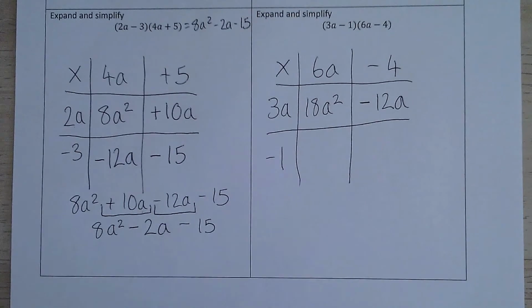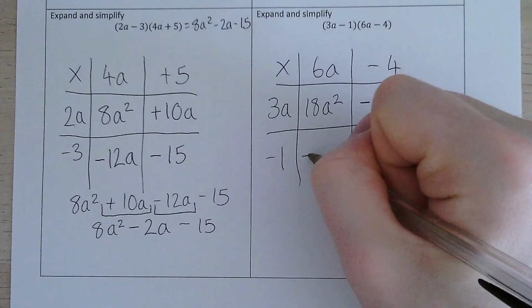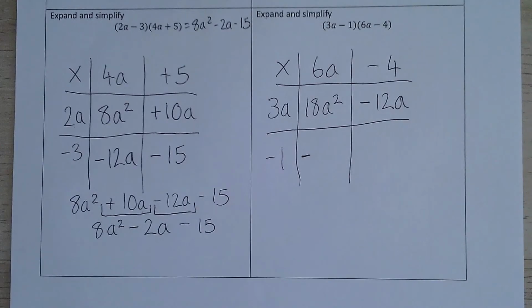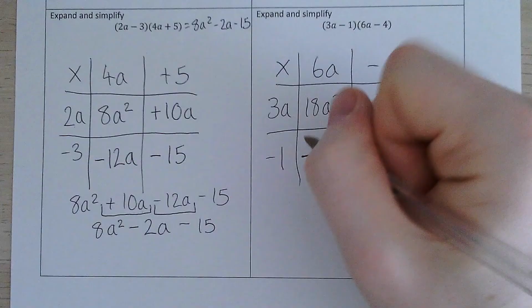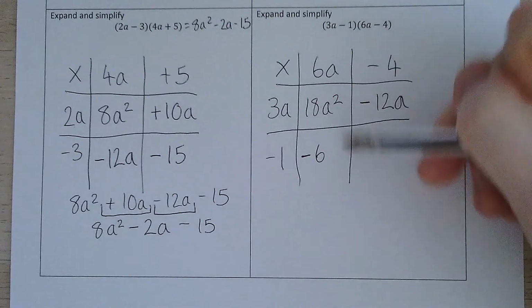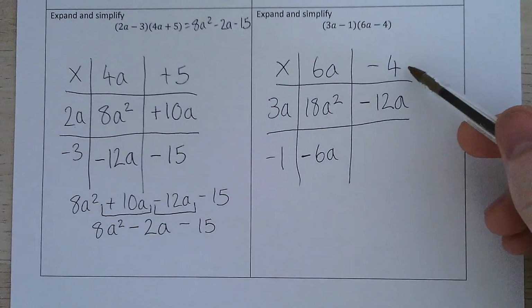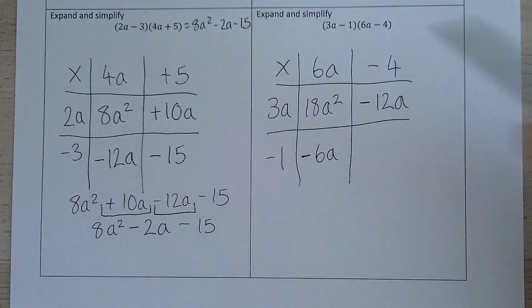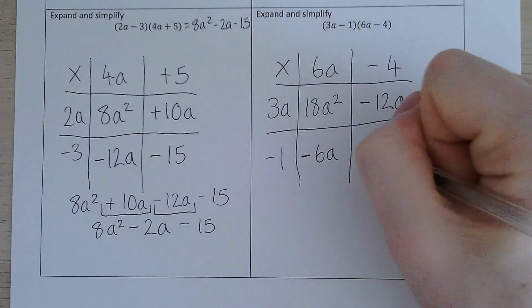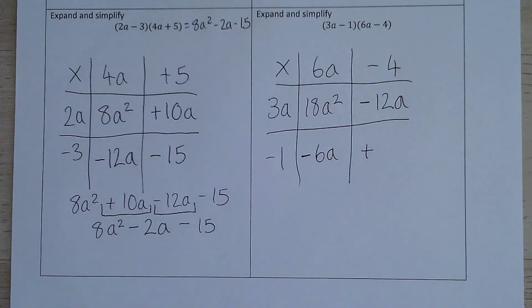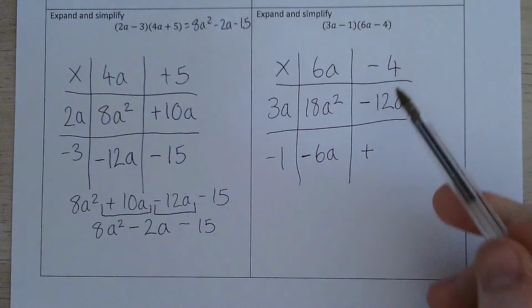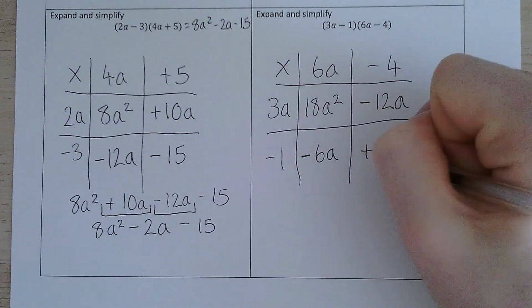Minus 1 times 6a, there's one negative in the calculation, so 1 in the answer. 1 times 6 is 6, and again a is the only variable. And finally, minus 1 times minus 4, there's two negatives in the calculation, so it will be a positive sign in the answer. And 1 times 4 is 4.